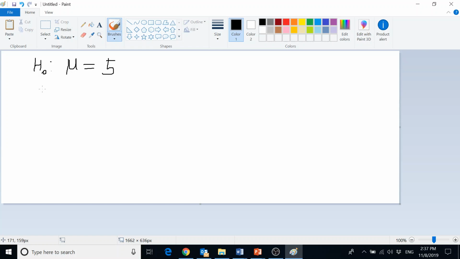Then let's first do an example with the alternative that is two-sided, which is mu is not equal to 5.